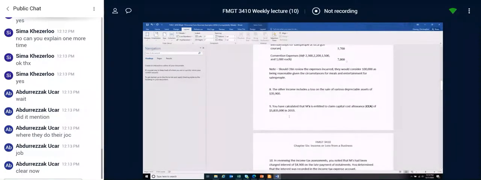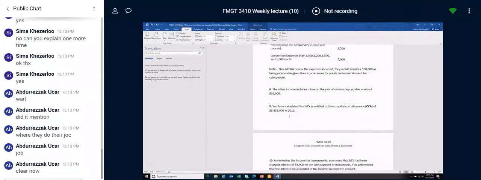Number 8, other income includes a loss on the sale of various depreciable assets of 35,900. So the rule that you have to think about here is 39.1 on page 201.